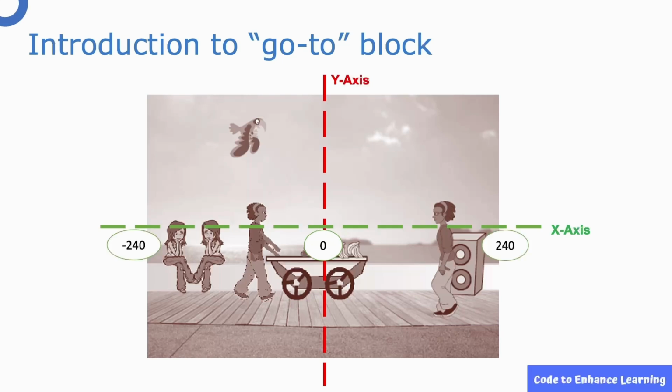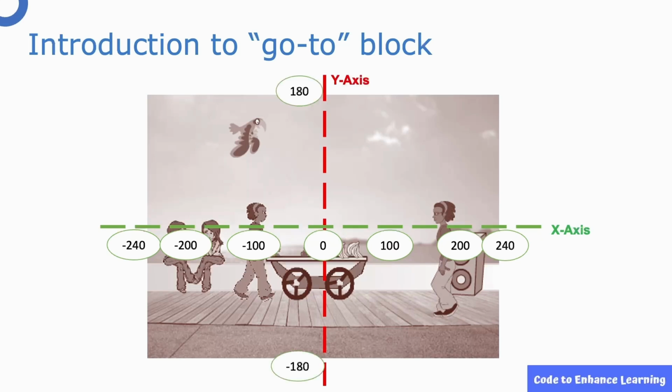Similarly, the last visible value on the left side is minus 240. So if I want to mark the value 100 or minus 100 on the x-axis, it will be here. Similarly, 200 and minus 200 will be here. As you can see, the x values increase on the right side of 0 and decrease on the left side of 0.